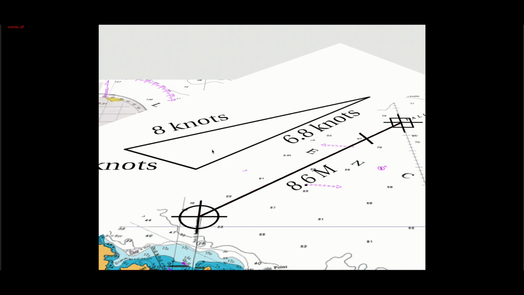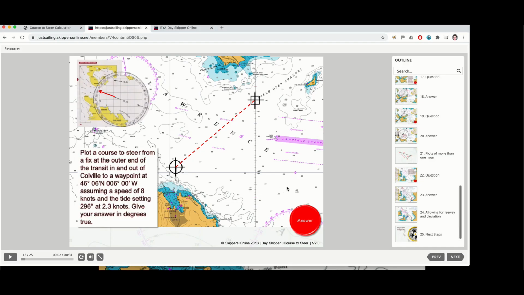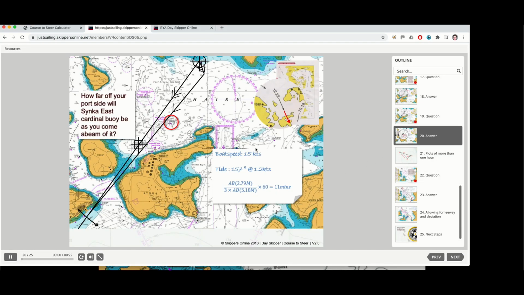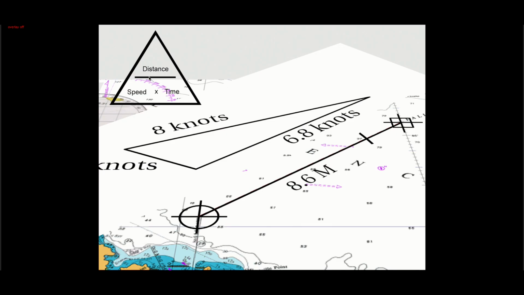And basically all we need is a speed here. Okay, that's our speed over ground for this given tide and boat speed. And then rather than doing a distance divided by another distance that gives us a time, let's stick to the standard: speed equals distance divided by time.